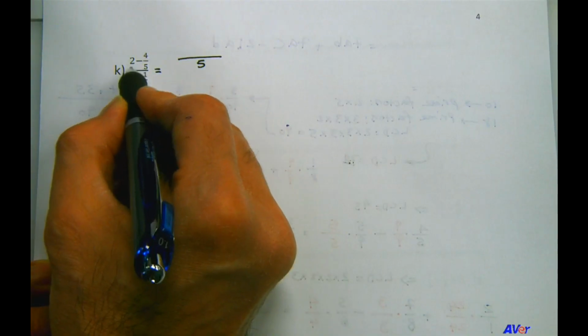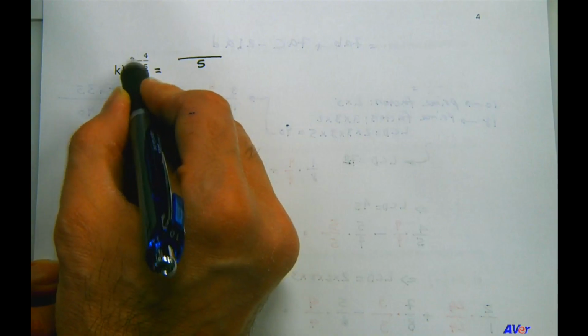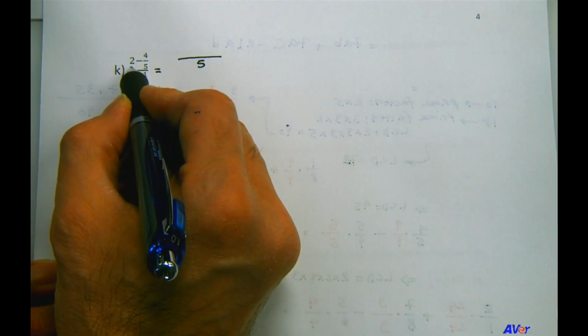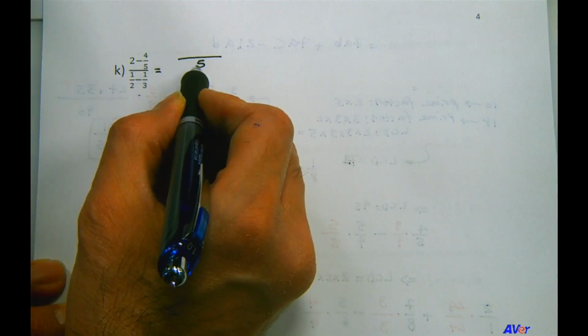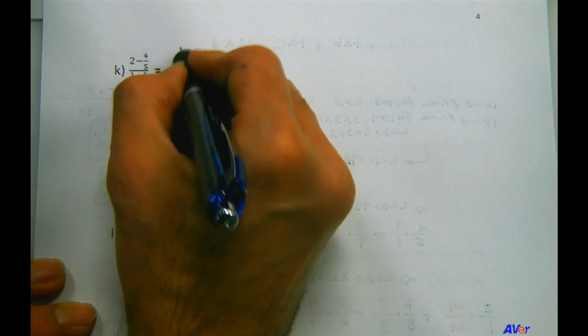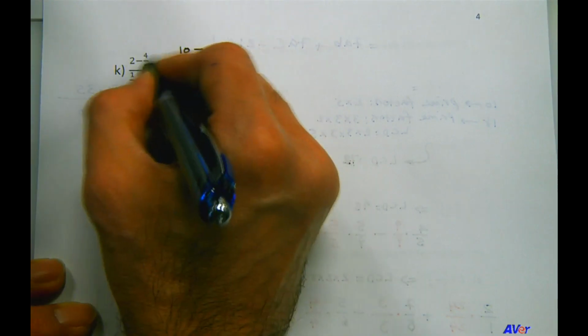The denominator of 2 is 1. So multiply the numerator by what's missing from its denominator when you compare it with the common denominator. So that would be 5. So 5 times 2 is 10, minus this fraction that doesn't need multiplying by anything. So 4 over 5.